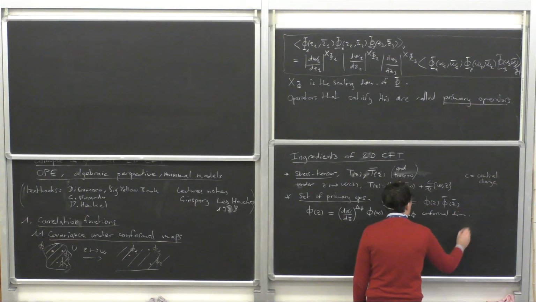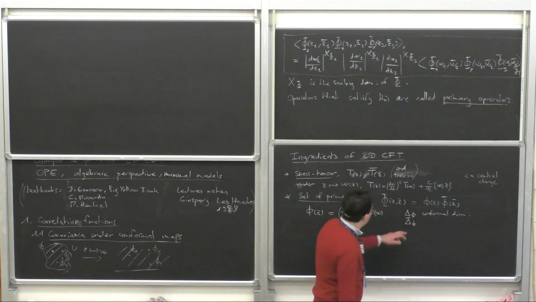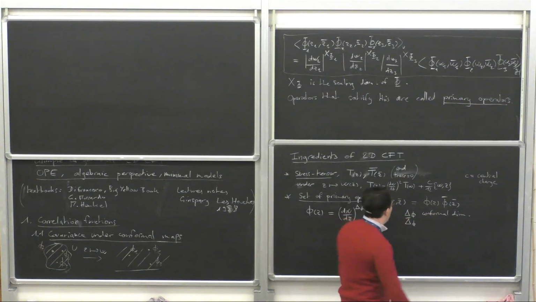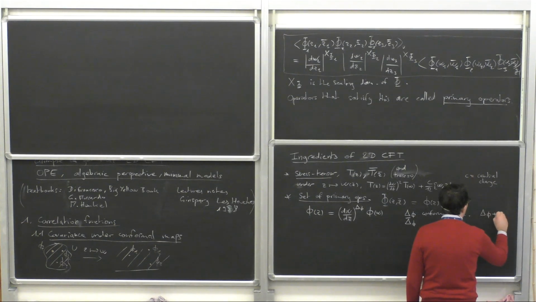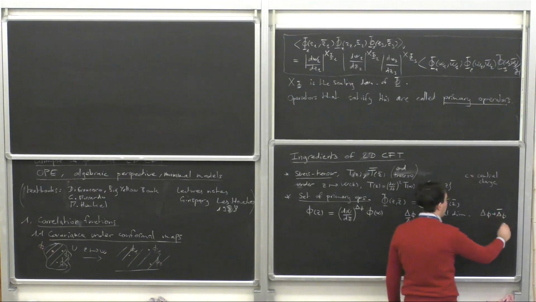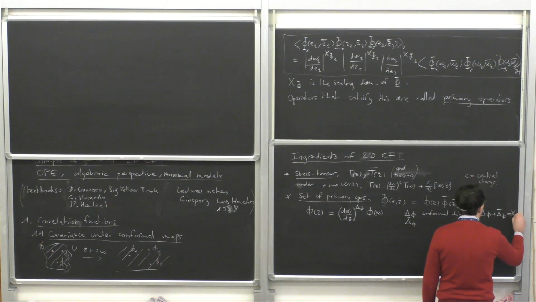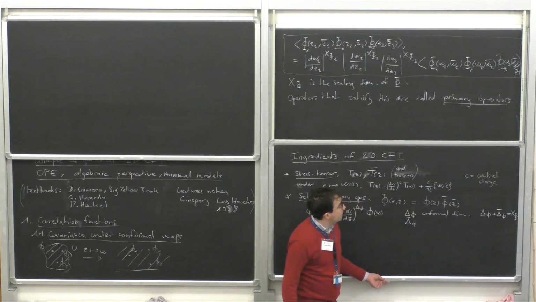There is also a delta bar phi associated to the field phi bar. Most of the time delta phi and delta phi bar are equal, but not always. And delta phi plus delta phi bar, this is what we have called so far x phi. So the sum of the two is the scaling dimension.